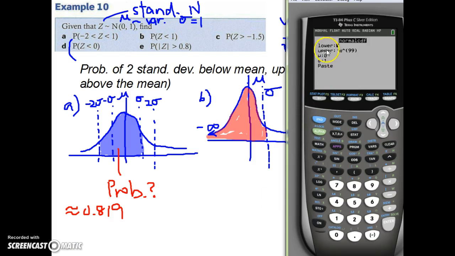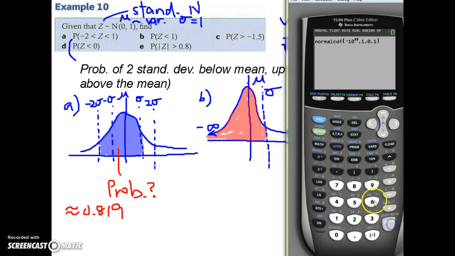So when I'm putting my values in, I should type negative infinity, but we can't because there's no infinity button on the calculator, right? So we're just going to use a very big value, such as negative 10 to the power of 99. That's very big already, right? All the way up to 1. Since we're talking about the standard normal distribution, mean is 0, standard deviation is 1.